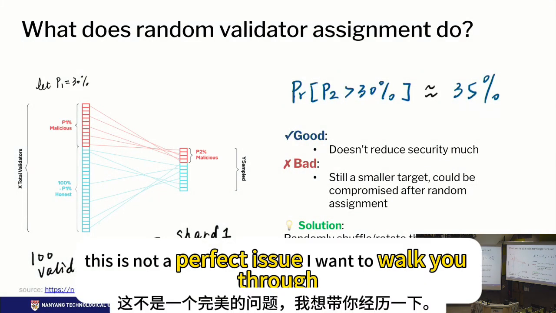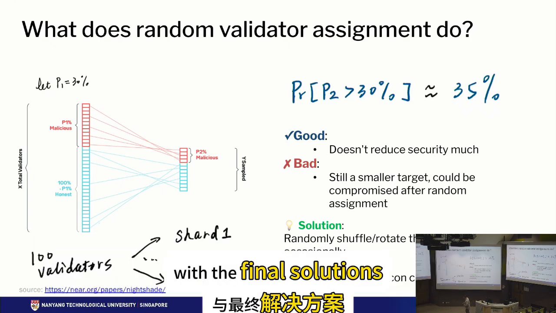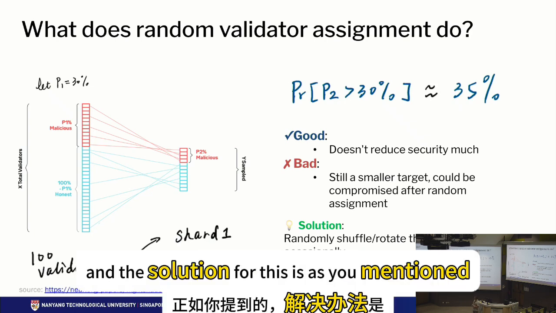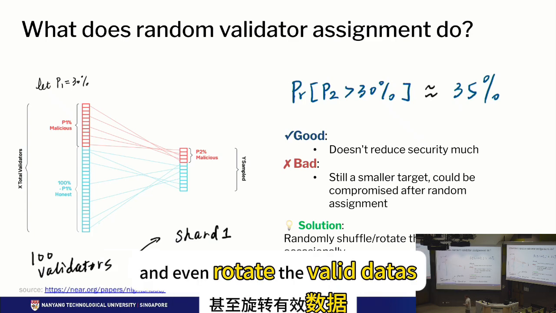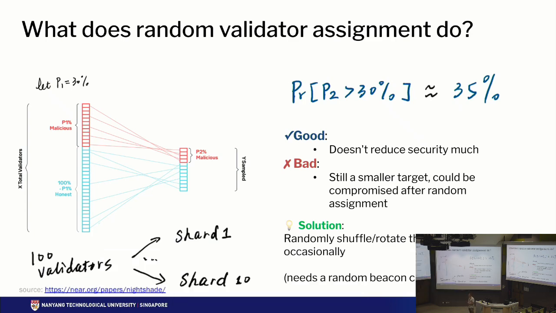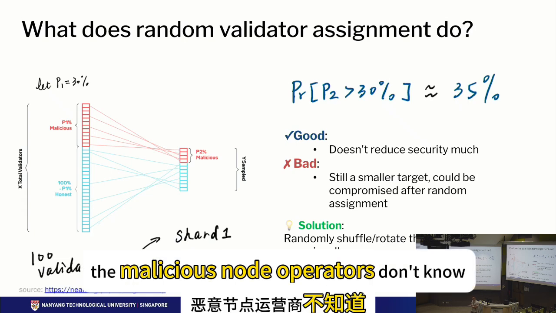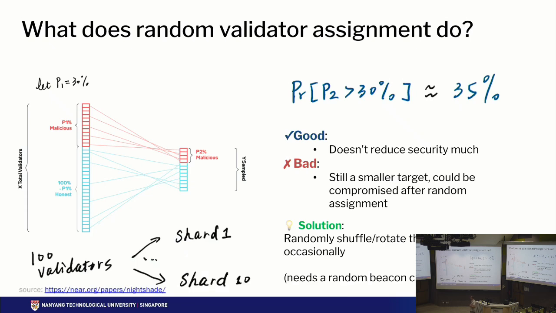I want to walk you through how the industry finally came up with the final solution. Just bear with me. The solution, as you mentioned, is that we need to randomly shuffle and even rotate the validators occasionally, so that malicious node operators don't know which sharded chain has more issues with those validators.